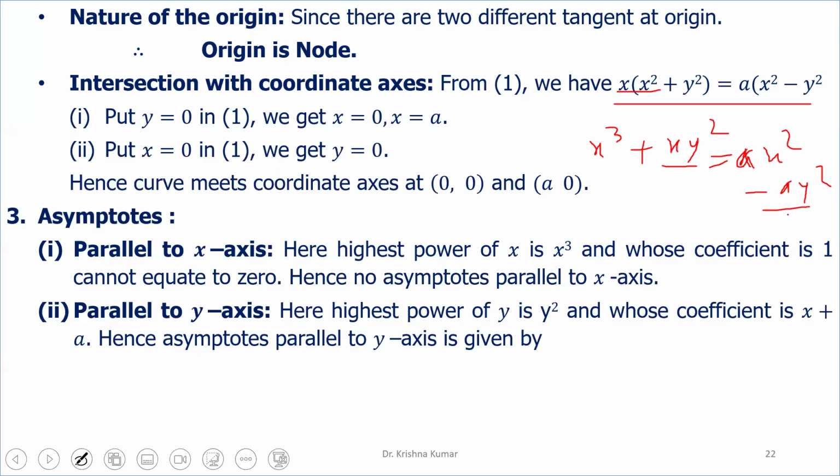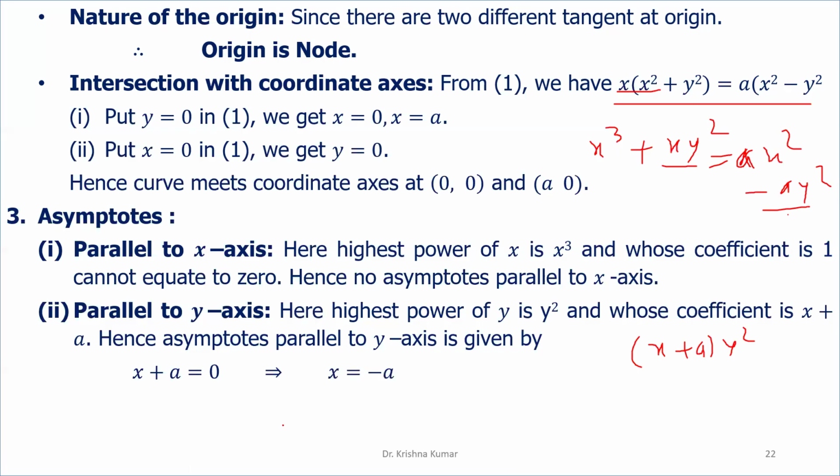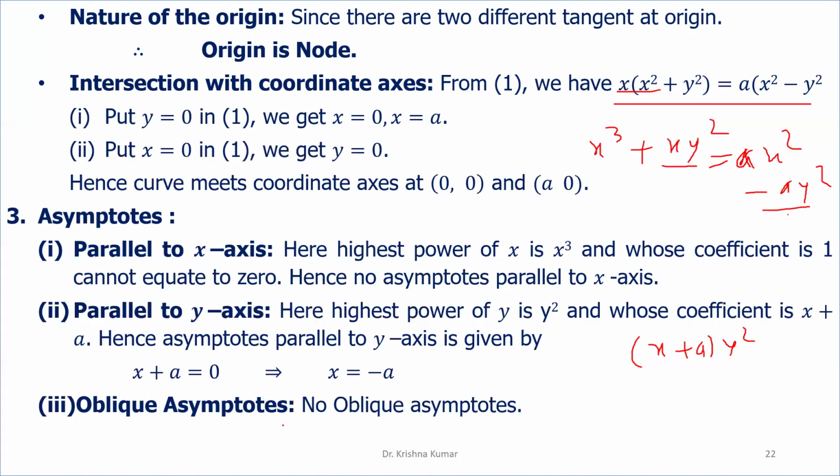The highest power is y square, so we are getting x plus a times y square. So we take the coefficient of y square equal to 0. So x plus a equal to 0 is the asymptote parallel to the y-axis. And since there is a parallel asymptote, there is no oblique asymptote of this curve.